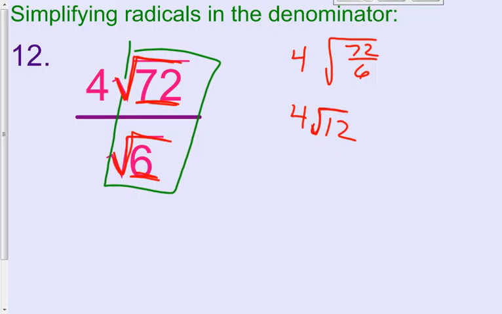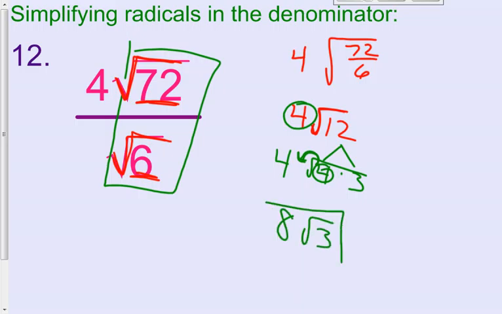All right, and now we're not quite done yet because we could simplify 12 to be 4 times 3, and then this 4 comes outside as a 2, and it has to be multiplied by this 4 because it is 4 times 4 square root 3. So now, because this becomes a 2 out here, this 4 does, 4 times 2 is 8, 8 times the square root of 3. And there is our answer for number 12. 8 times the square root of 3.